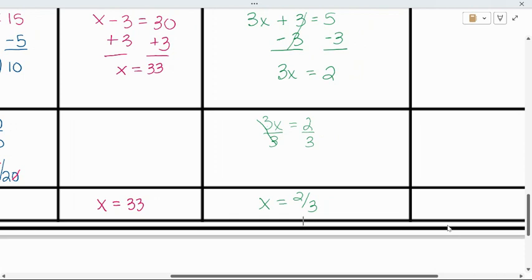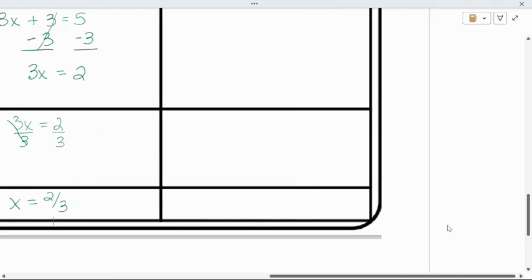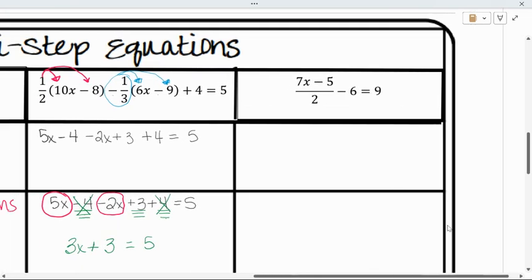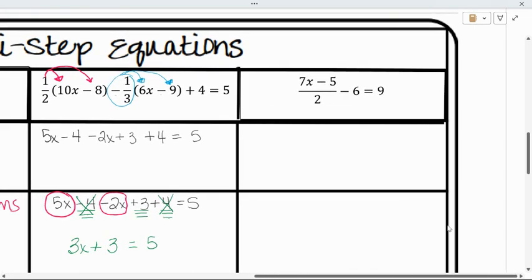Last one. Are we all ready for the last one? Okay. So is there any distribution that's taking place here? No, but what do I need to do to eliminate the decimal or eliminate the fraction? Yeah, so I'm going to write a little note that says I want to eliminate my fraction.